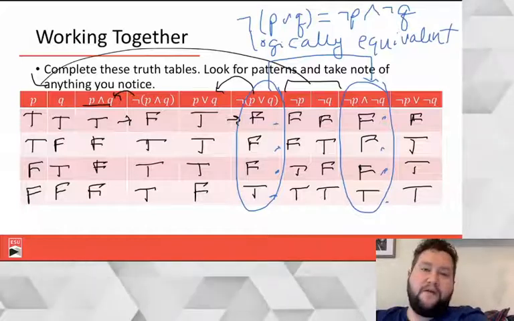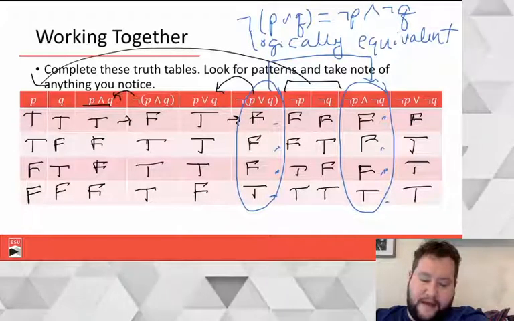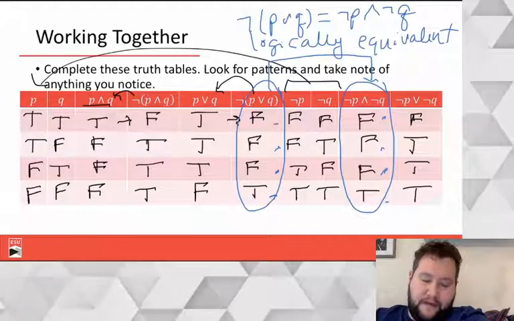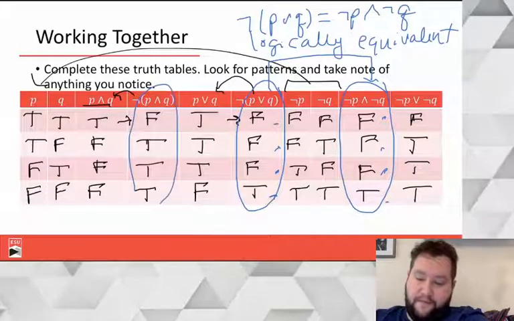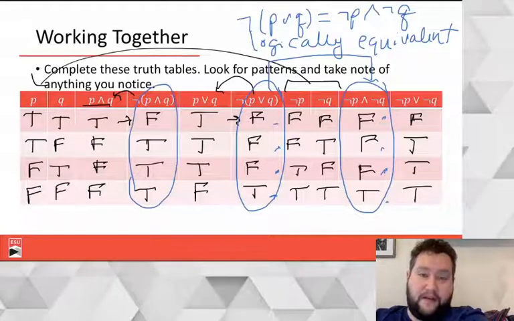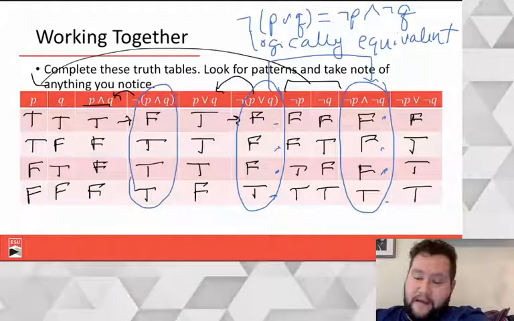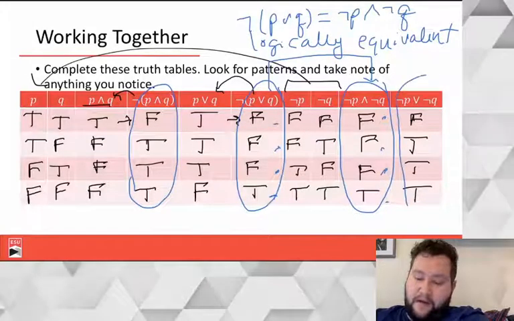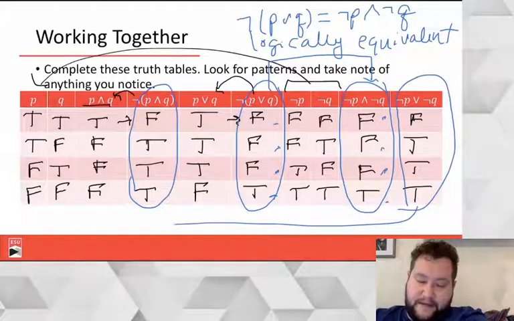And then there's one other pair of columns that match. Not P and Q, and not P or not Q are the same.